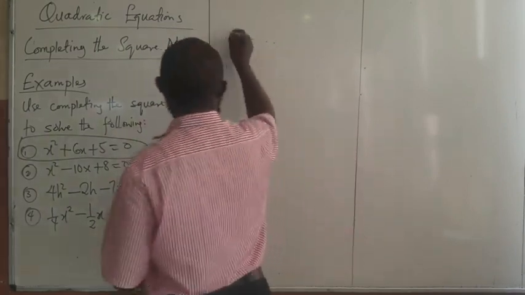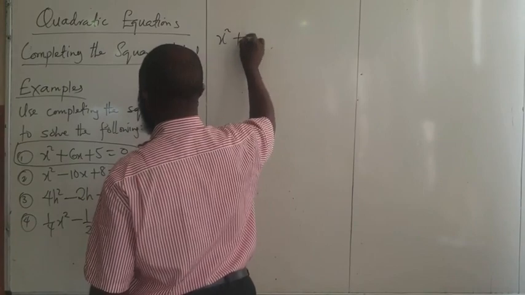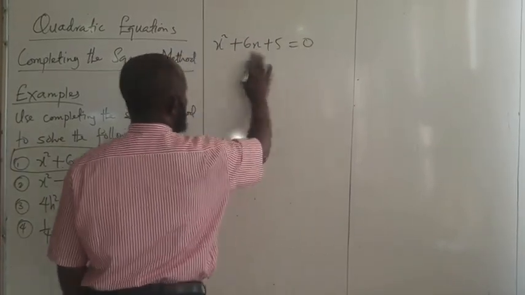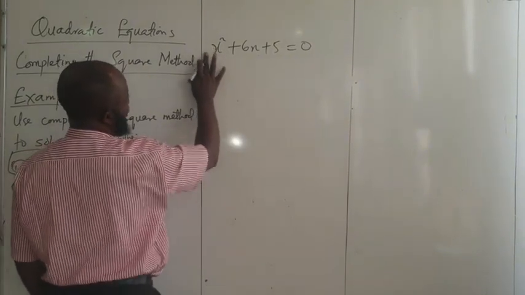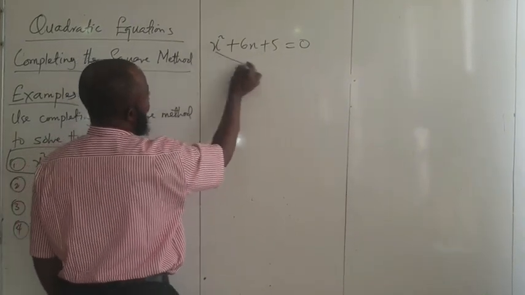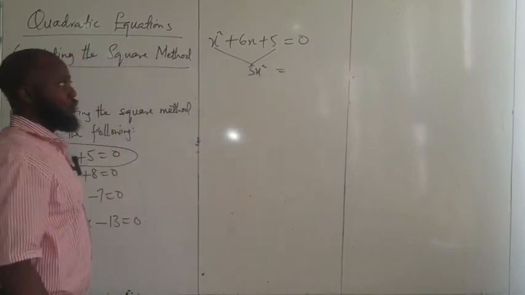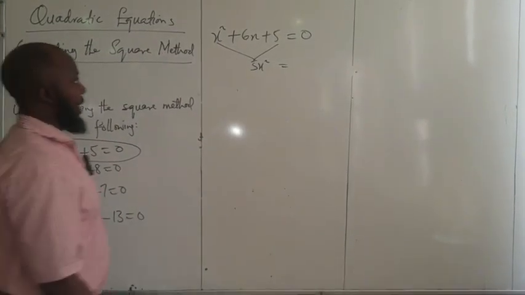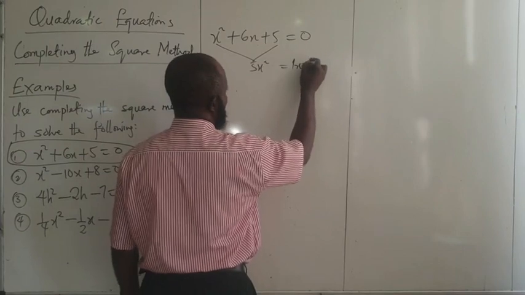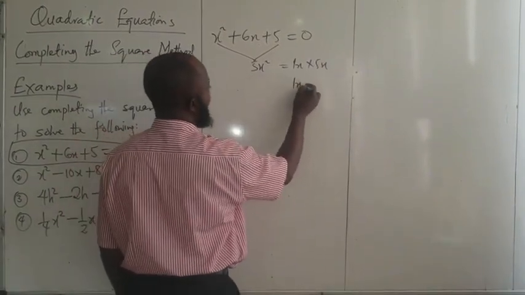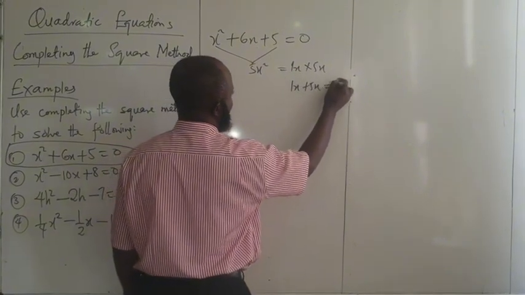Now the first one is x squared plus 6x plus 5 equals 0. You can see the coefficient of x squared is 1. So we have 5x squared. What are the two terms whose product gives us 5x squared? That is 1x times 5x. And 1x plus 5x gives us 6x.